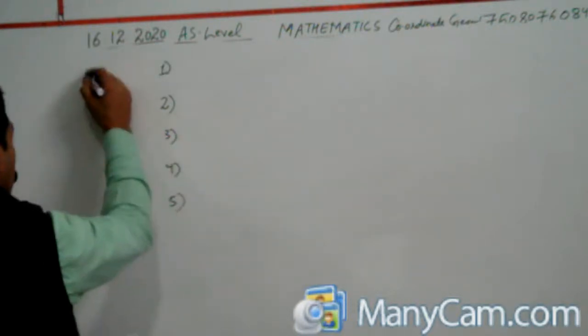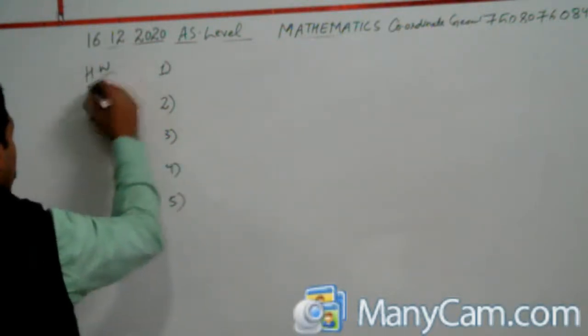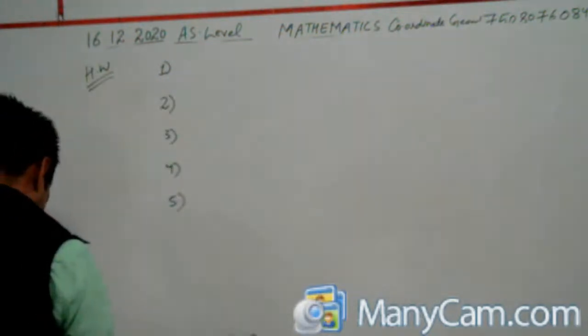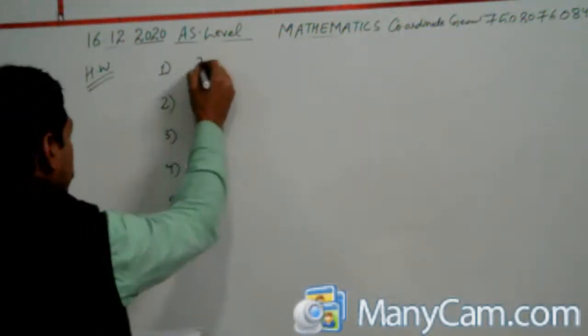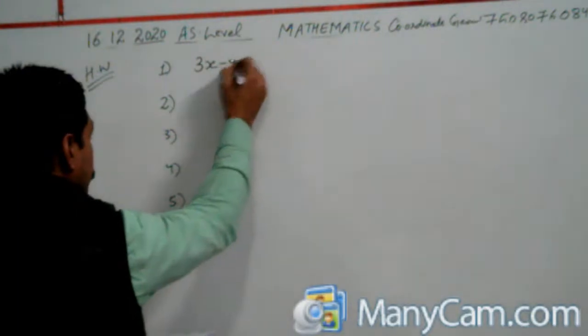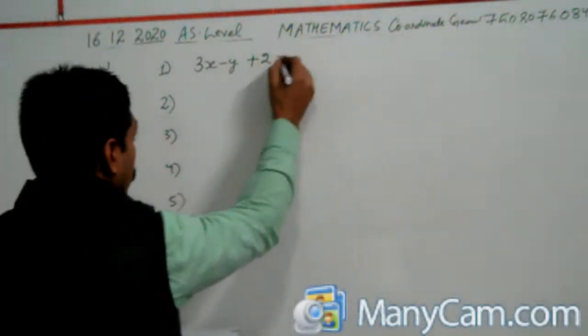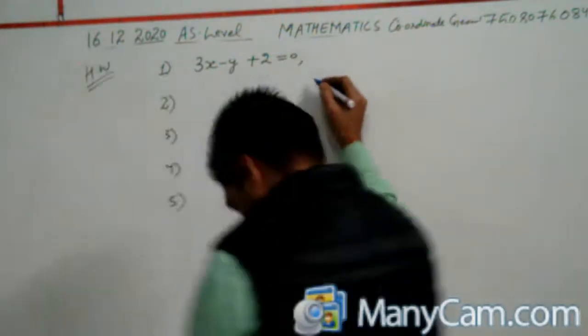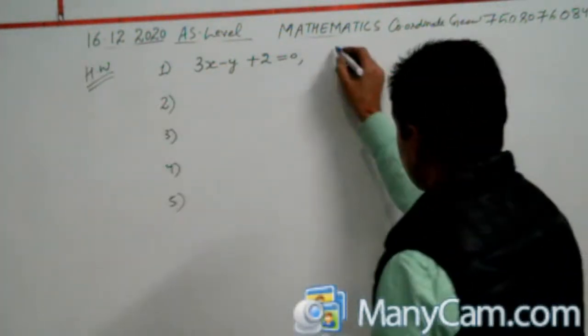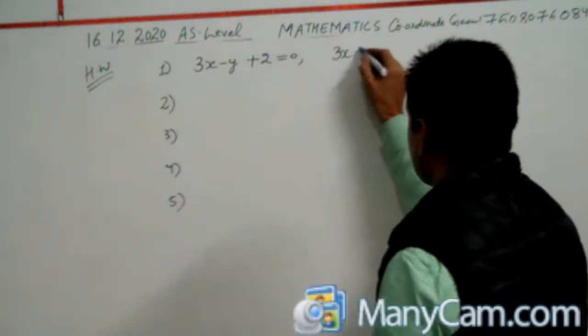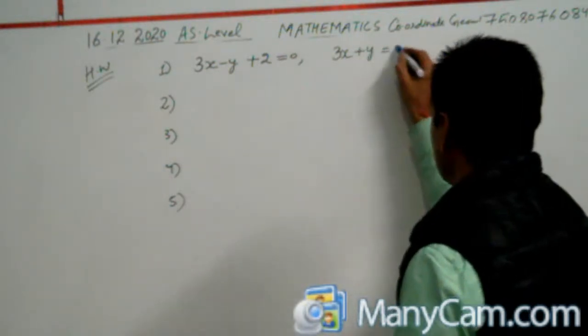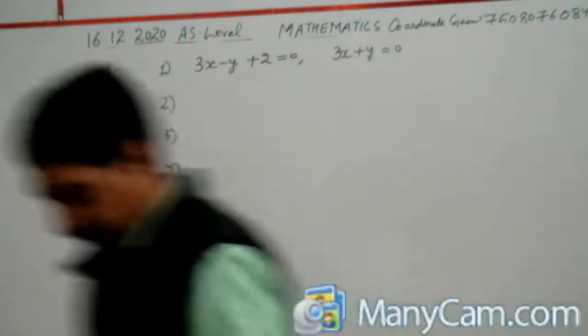Let's take it as homework. First one is 3x minus y plus 2 is equal to 0, and its pair is 3x plus y is equal to 0. This is the first one.